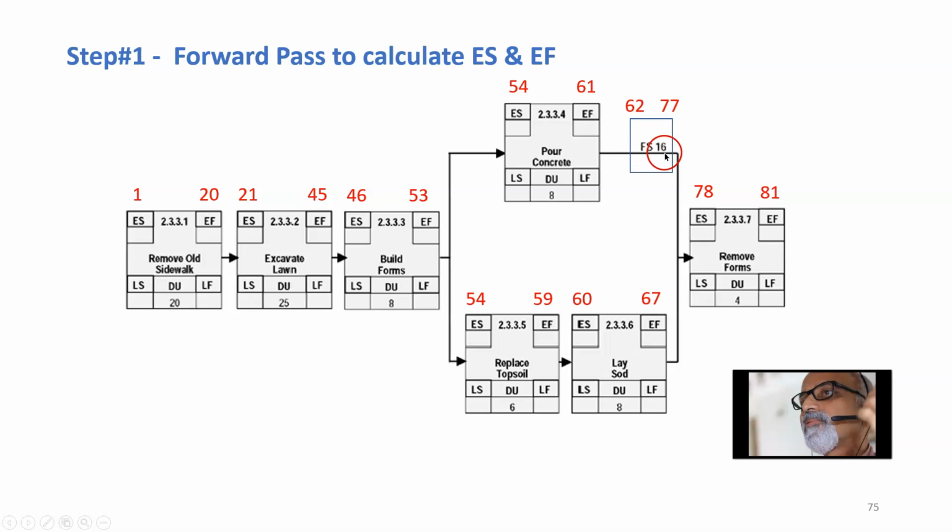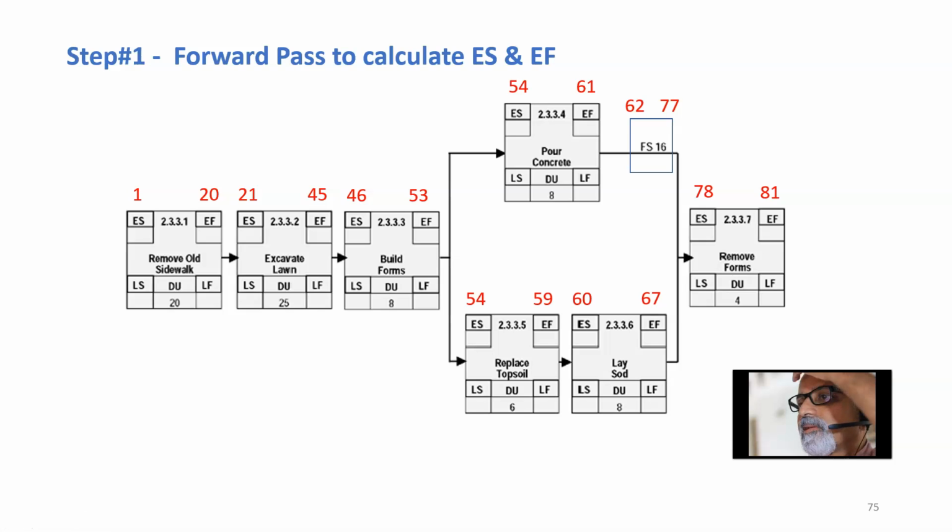So we need to wait for 16 days before we start remove forms. Then after build forms, we can do replace topsoil, that is 6 days, and lay sod, that is 8 days. Remove forms can happen only after 16 days of pour concrete and after lay sod.